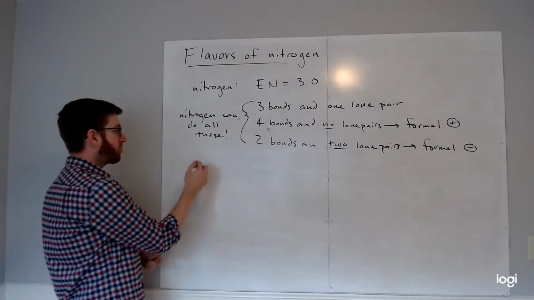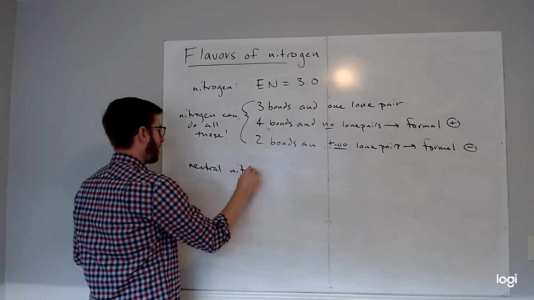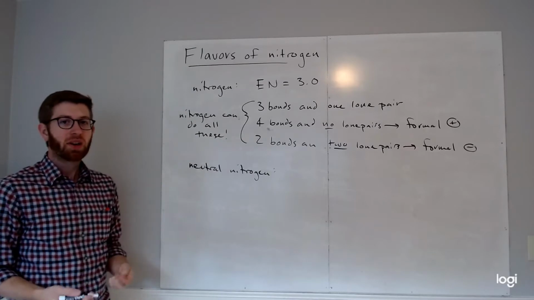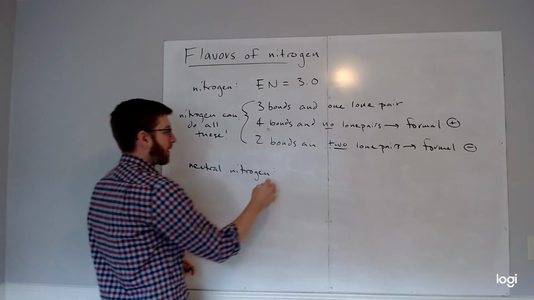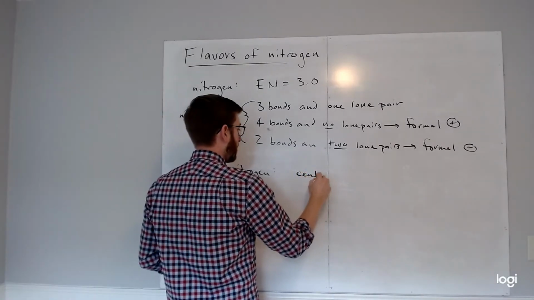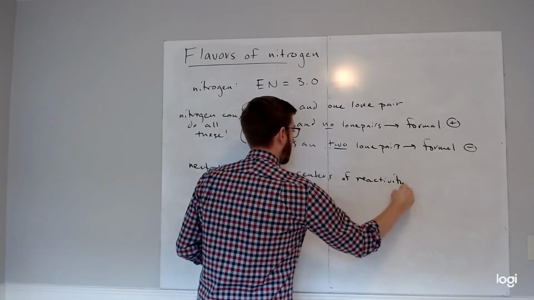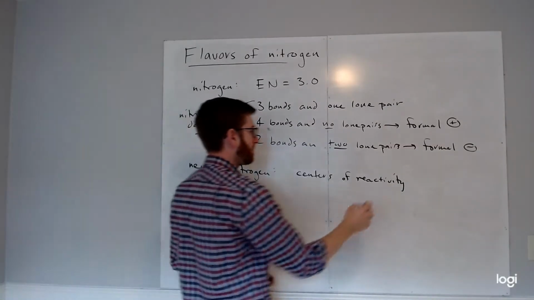But in the neutral state, so neutral nitrogens, these are typically going to be sites of reactivity, although we'll see some important exceptions where this isn't true. So these will be centers of reactivity. Often these will be bases and nucleophiles because of this lone pair.